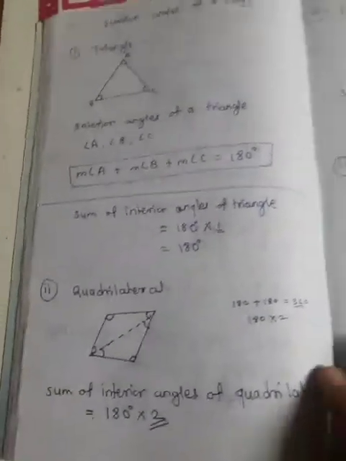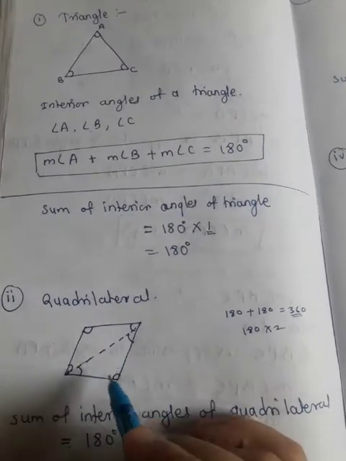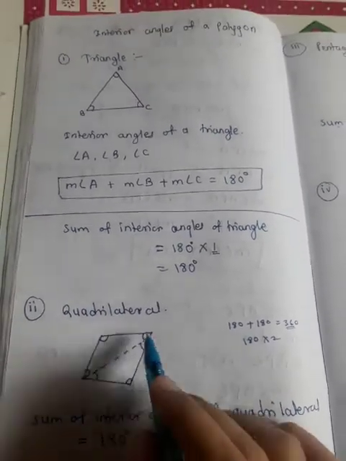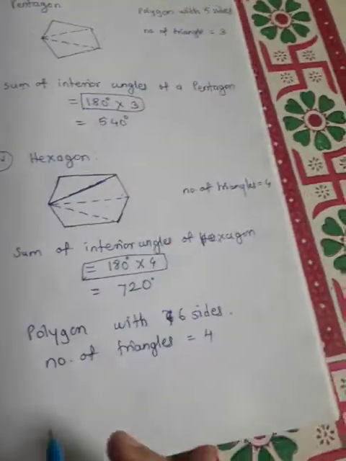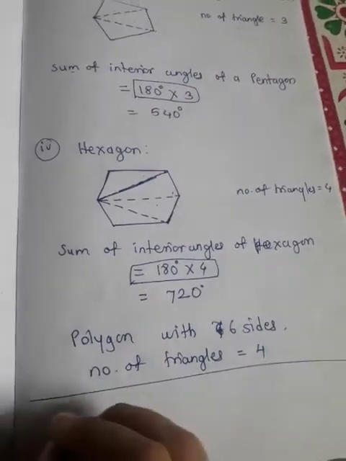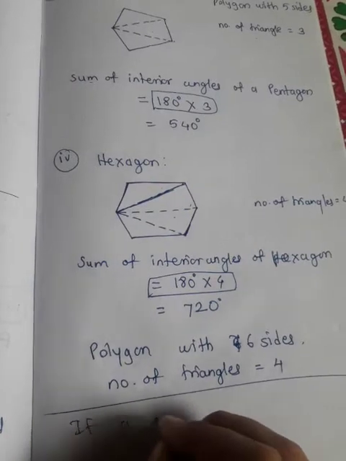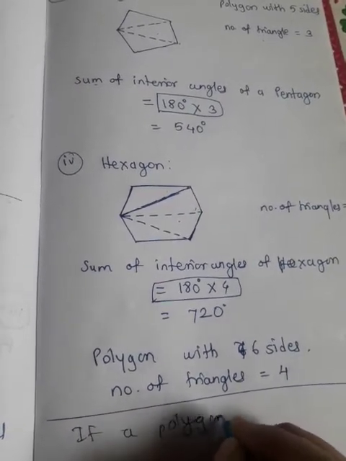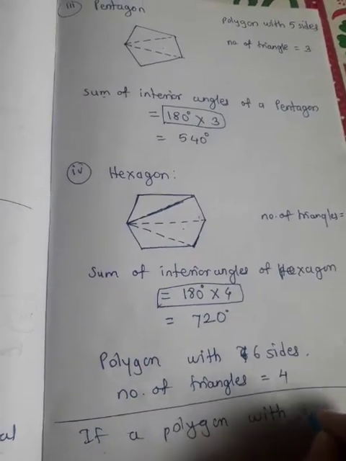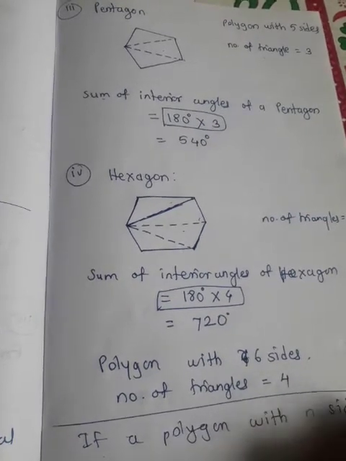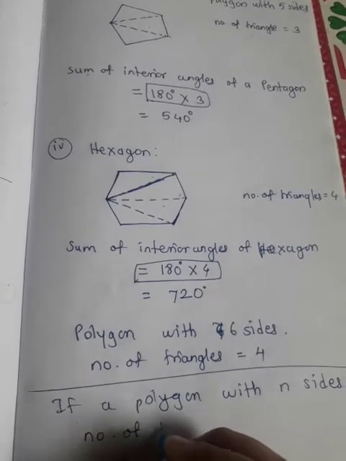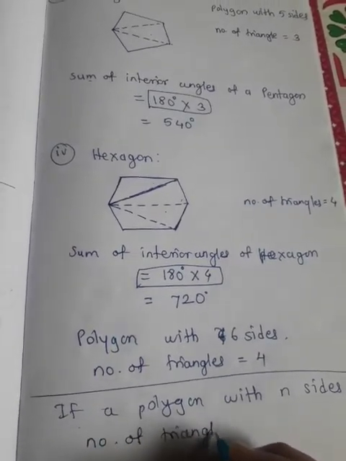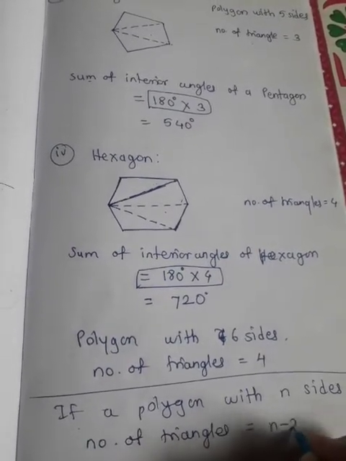And in the quadrilateral also, see, this is a polygon with 4 sides, and how many triangles are formed there? 2. That means in general we got the result that if a polygon has n sides, then the number of triangles is equal to n minus 2.